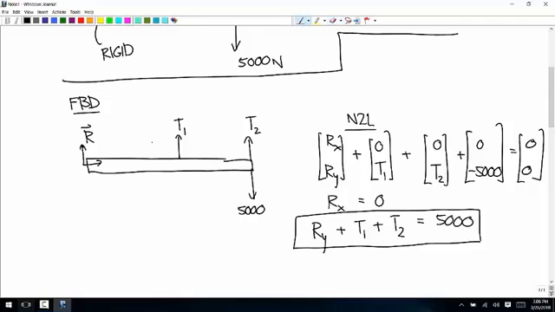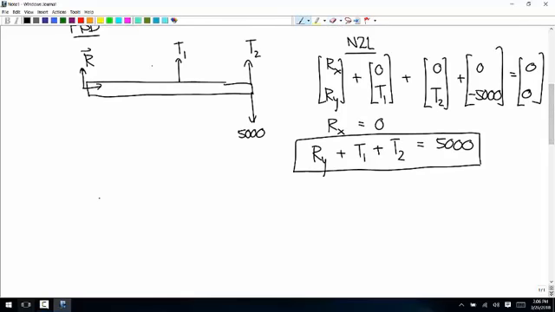So let's go to the moment equation. About point, let's choose this left endpoint. There's no moment produced by R. The moment arm for that tension T1 is 0.6. And would that rotation be clockwise or counterclockwise? Counter, so it's positive.